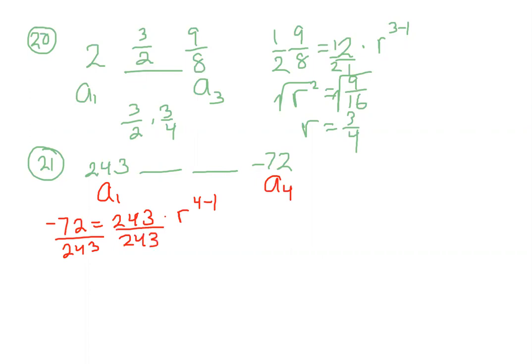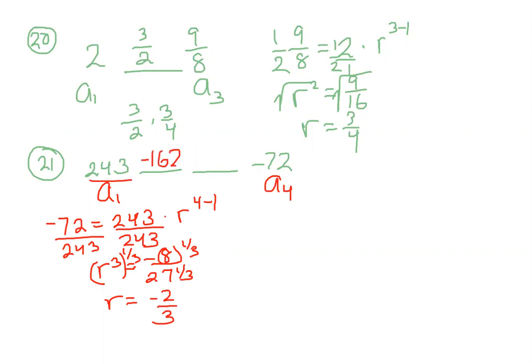And I get R cubed equals -8/27. And when I go to the 1/3 of each of these, I get R equals -2/3. So I'm just going to take 243 times -2/3, and I get -162. And that times -2/3, and I get 108. And if I do that times -2/3, I get -72.